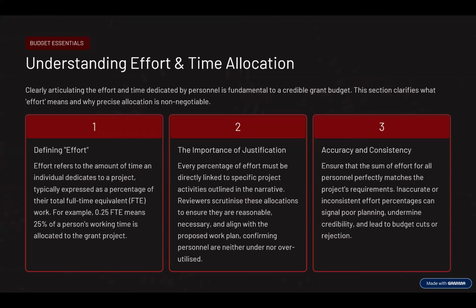Then accuracy and consistency: ensure that the sum of effort for all personnel matches the project's requirements. Inaccurate or inconsistent effort percentages can signal poor planning or undermine credibility and lead to budget cuts or rejection.